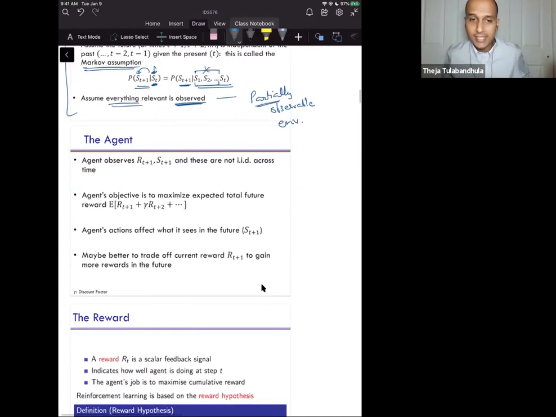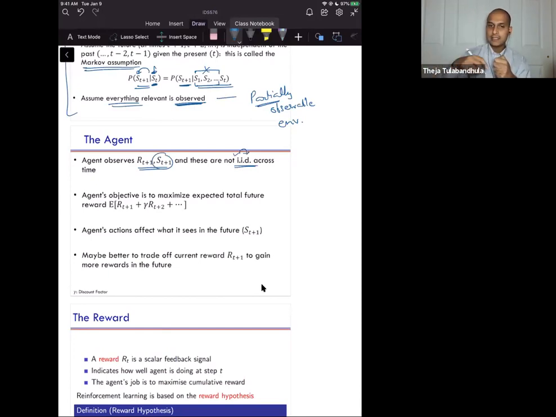So let's come to the agent's perspective. What does the agent do? The agent gets to observe, every round: did I get a reward, and what's the new state that the environment went into? Note that these observations are not independent and identically distributed random variables. This is precisely because my action influences which state you go to.